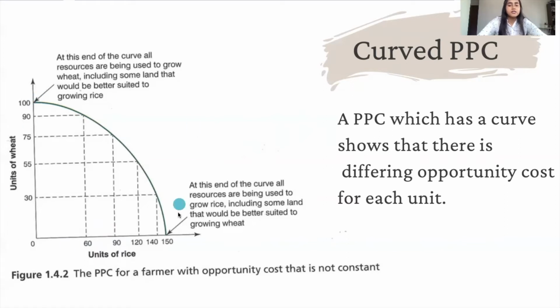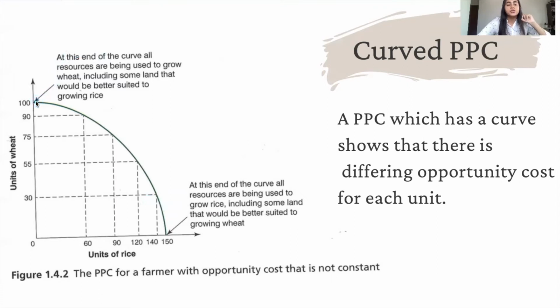And at these two ends, we see that you can produce wheat by allocating all your resources, because you also use those resources which are the best at producing rice. You allocate those resources to producing wheat.